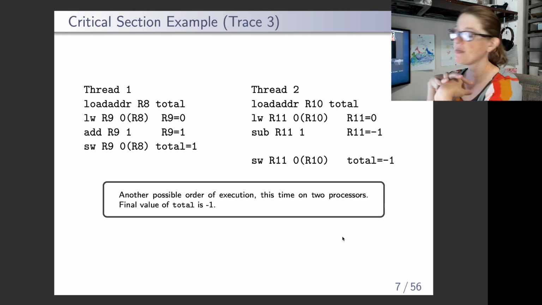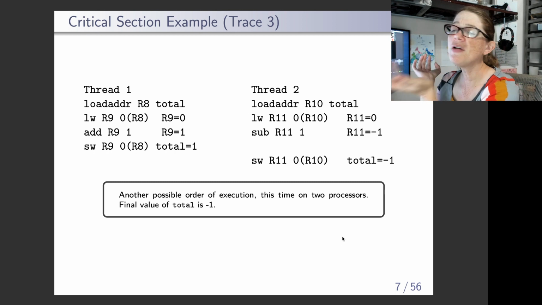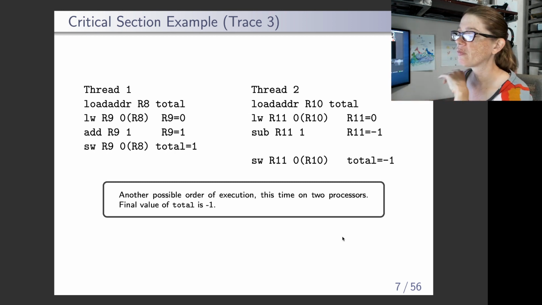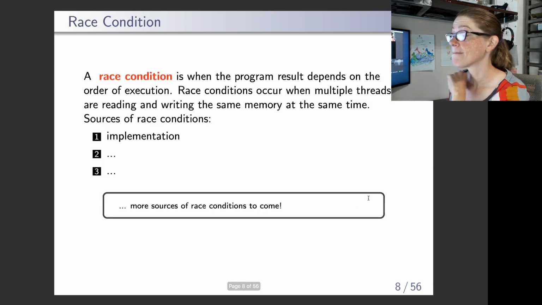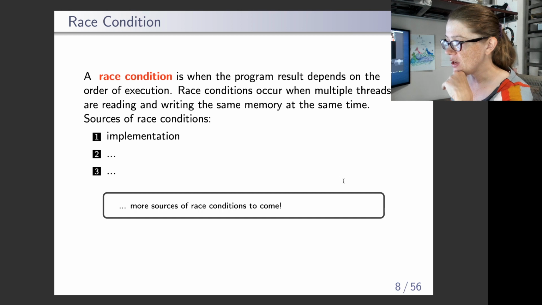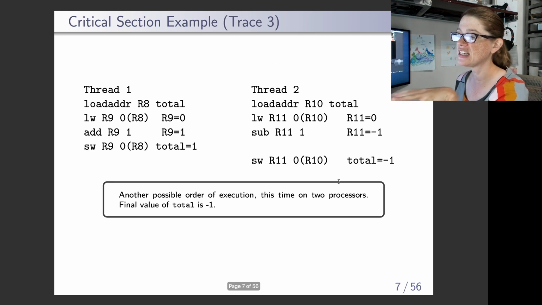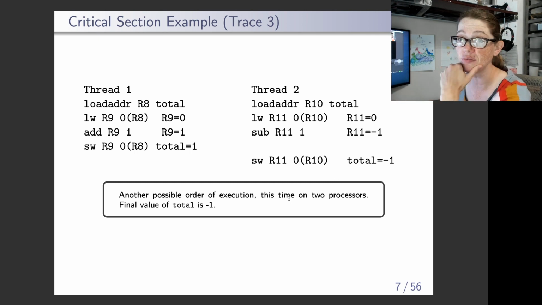So this is a very simple example, and let's be honest, this is not code that you run. Nobody writes this program. This is just a stupid little example. And there's a name for the problem that we just had. So what you see here in the notes, we have 3 different traces through this silly, simple program. And each of the traces through this simple program gave us a completely different result.